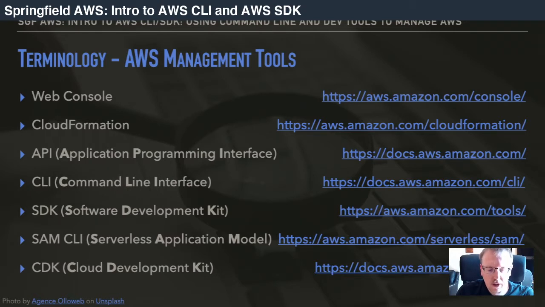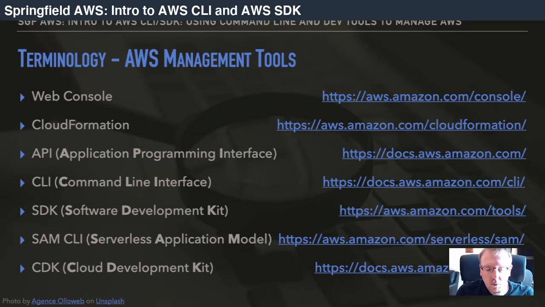There are also a couple other things worth mentioning here. The SAM CLI is something we will not be covering today. That is a CLI that's specific to the serverless application model, or think of your Lambda code that might run in their serverless environment. Like I said, we will not talk about that today. We might cover that in a future topic. And then finally, the AWS CDK, or Cloud Development Kit.